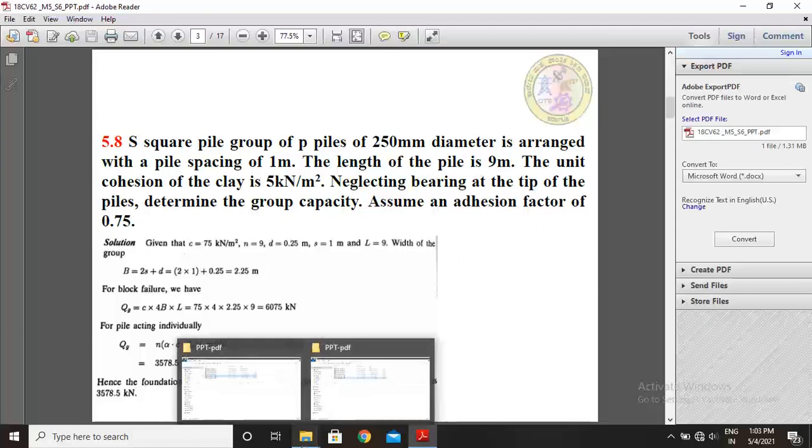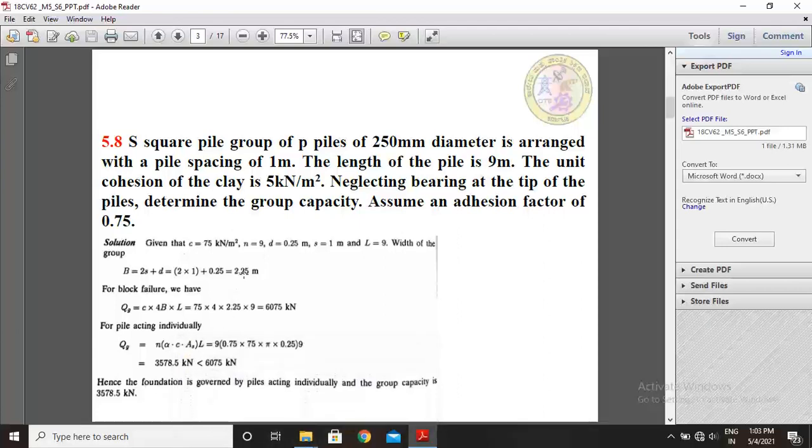Solution, given that C is 75 kN per meter square, N is 9, D is 0.25 meter, S is 1 meter, L is 9. The width of the group is given by B equal to 2S plus D. So here 2 into S is 1 plus D is 0.25.